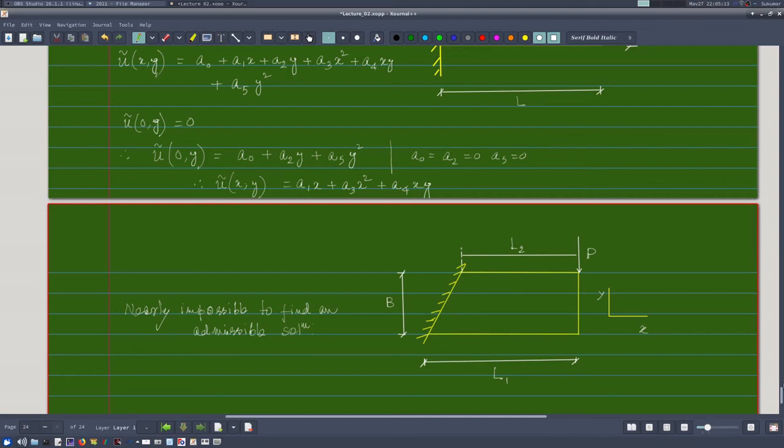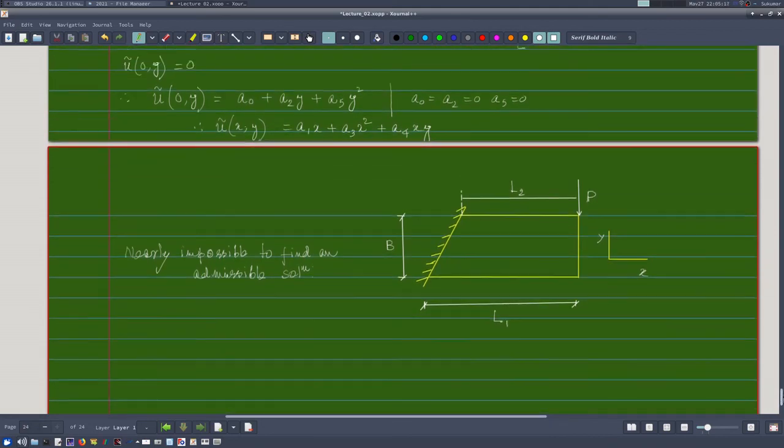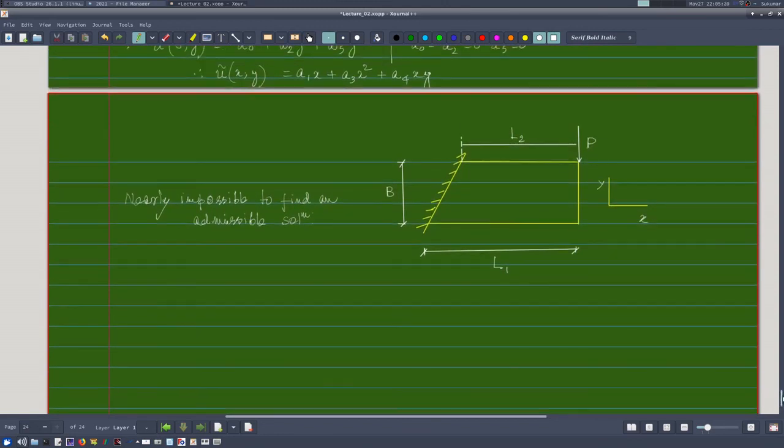That is why people have moved to the finite element method, so that we can handle complicated geometry and complicated boundary conditions. In the next class, we will see how we can cast this classical Galerkin's method into its finite element counterpart, so that we can derive the finite elements on the basis of Galerkin's weighted residual method.